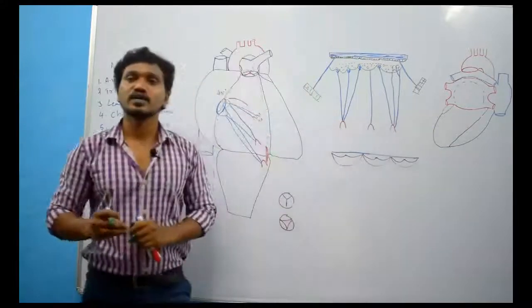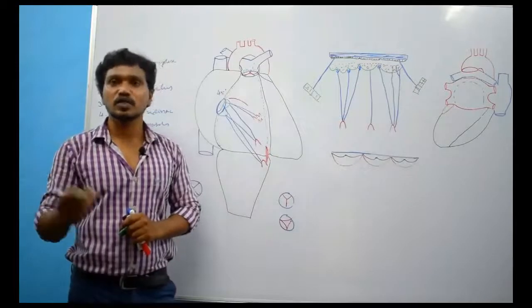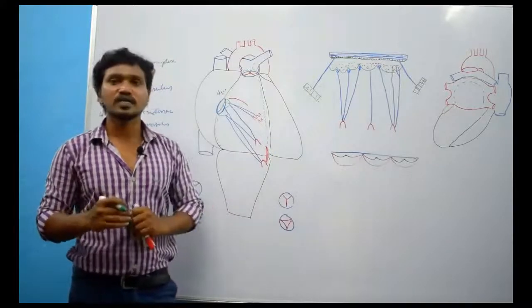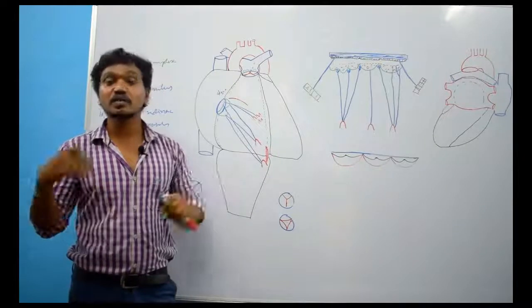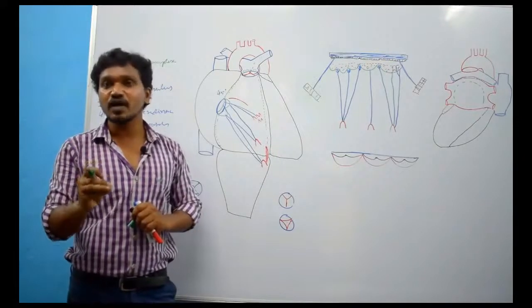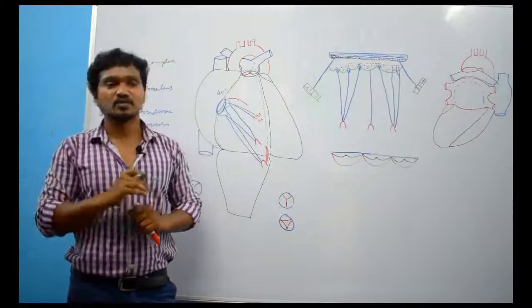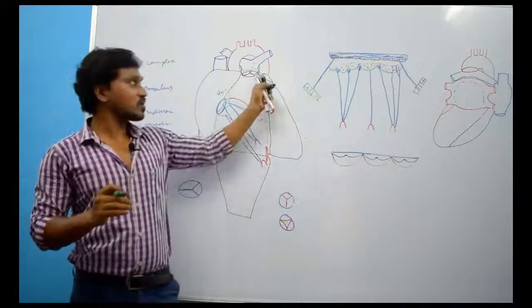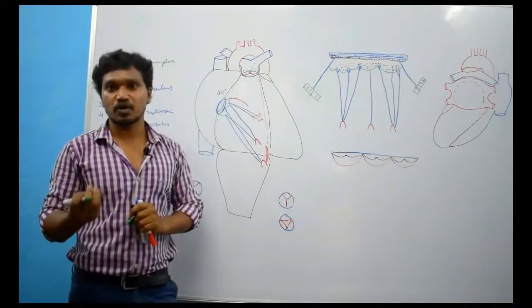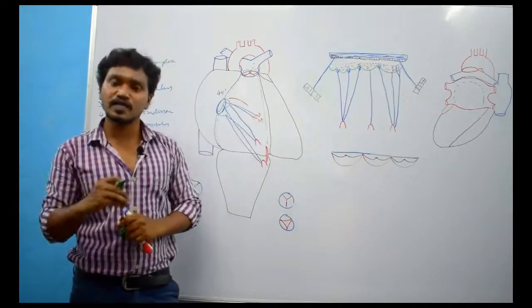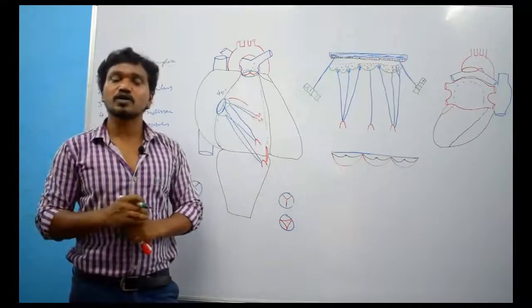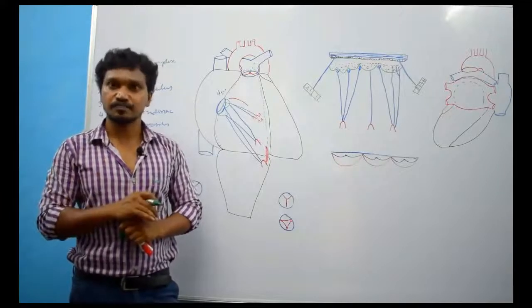In this auricle you can see some muscular pectinate muscles. Because of that it has a rough appearance. Why? This auricle is embryologically derived from the atrium proper, and the remaining smooth part is embryologically derived from the absorbed part of the pulmonary veins.